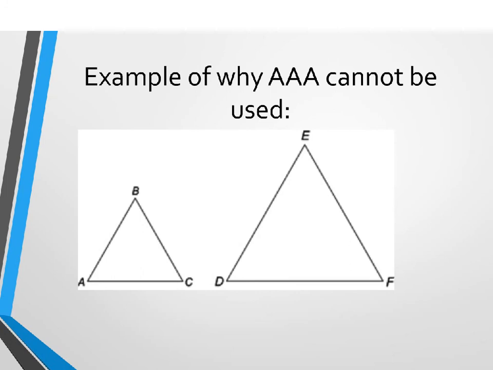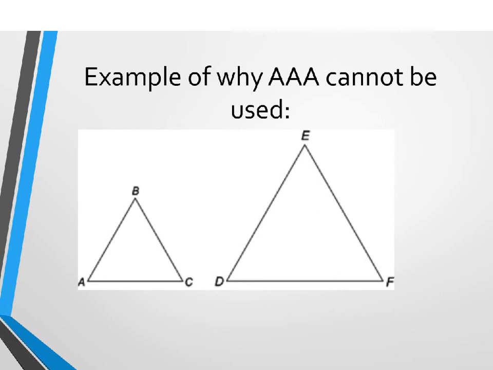And this is the reason why. It's because two angles do not have to be the same size at all in order for them to have the same, or all three angles congruent to each other.